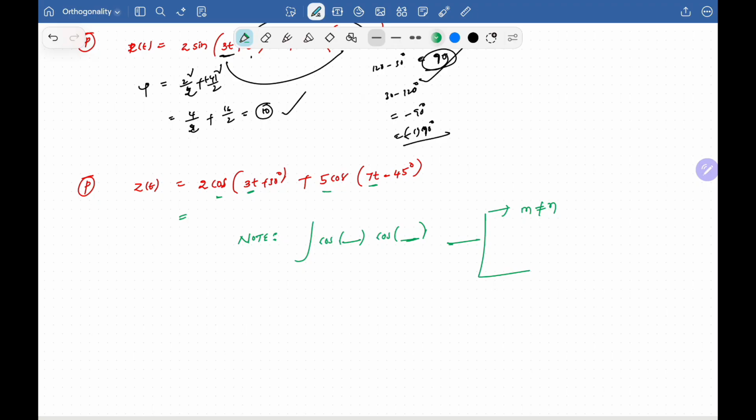If M equals N, then you have to check the phase difference. The phase difference should be n pi by 2, same as before. So how can you solve? For sine and cos both are the same only. You need to know there is not much difference, but you have to focus on that question.